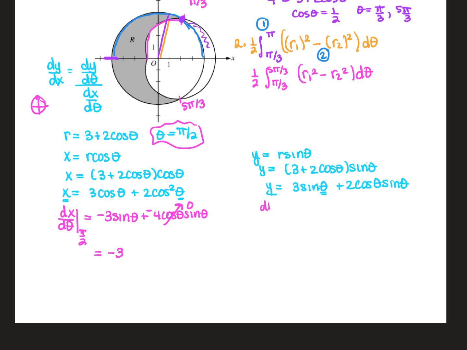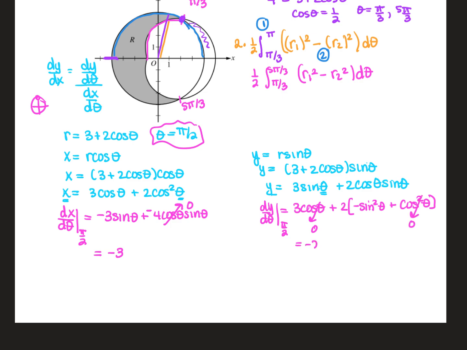Same thing over here for dy/d theta. The derivative of sine is cosine. Then we have a product rule. The derivative of cosine is minus sine, copy down the other one. The derivative of sine is cosine, copy down the other one. And again, we're evaluating this at pi over 2. This is 0. This is 0.